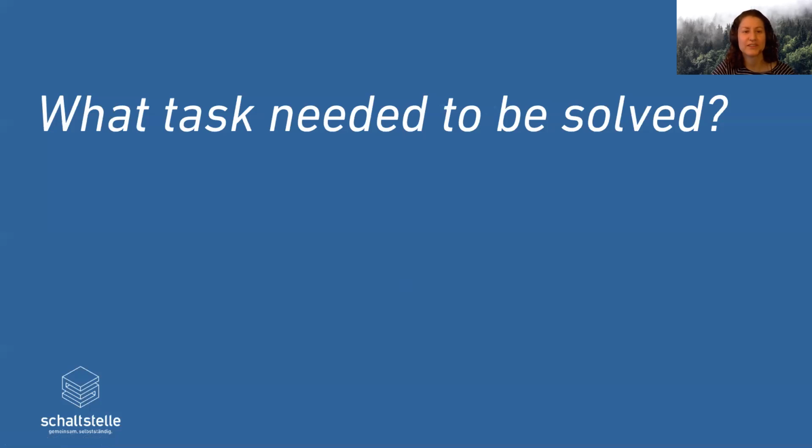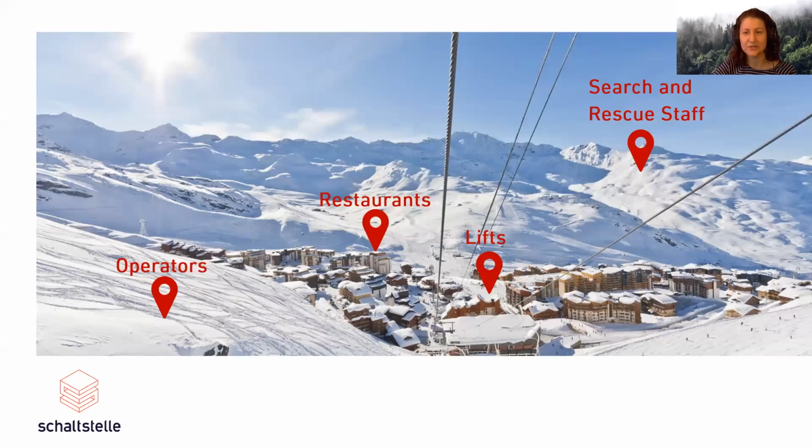Now, what task did our industry partner need to solve? So something about skiing areas. A large skiing area in Switzerland consists of many different components. They have ski lifts, they have restaurants, they have staff for operating the lifts, staff for the restaurants, staff for search and rescue, as well as administration and back office and all kinds of people there involved.